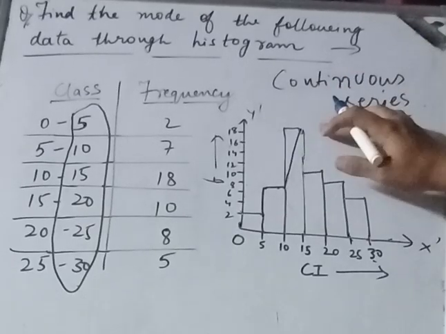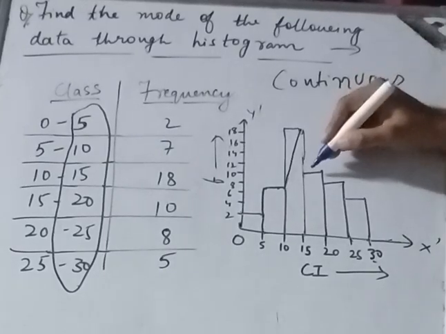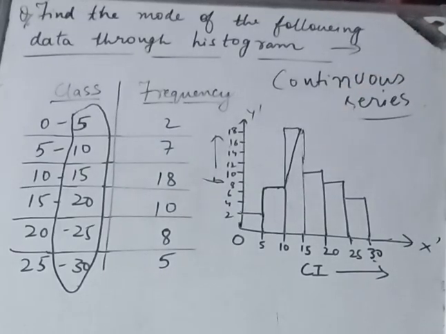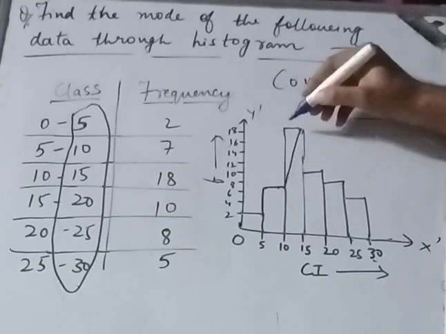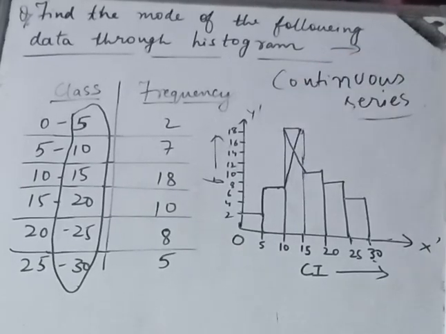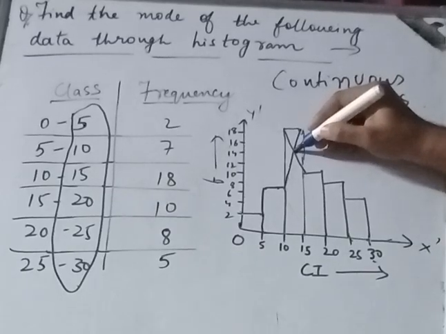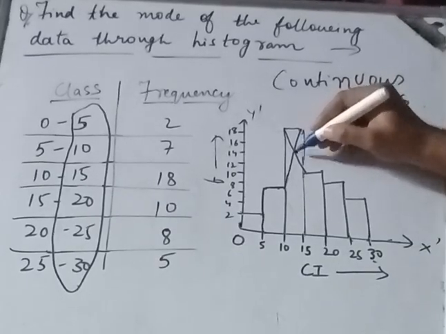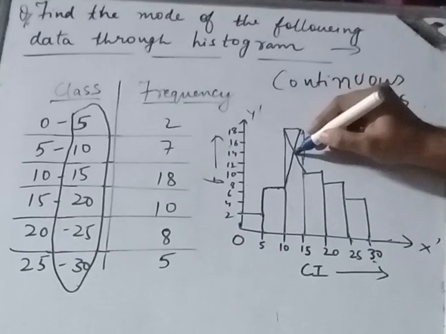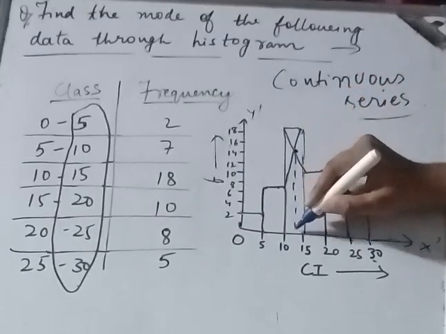It touches this corner, the right side corner of the tallest bar, and for the bar which is coming after the tallest one, another line will be going from this point to this one. This is the cross section of lines intersecting, and where these two lines are meeting at this point, you will use your ruler, and from here you will draw dotted lines, just perpendicular lines.